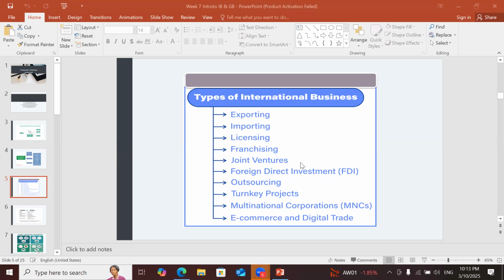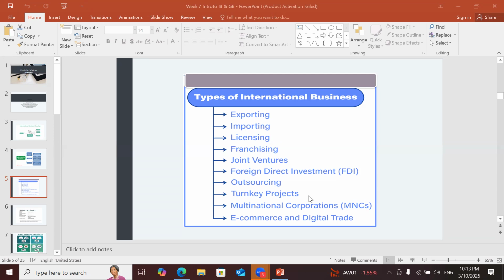It is a joint venture. Foreign direct investment, when a country invests in another country to do big business in a market. Outsourcing, when companies hire another company or individual to do work or tasks for a short period. This is outsourcing.